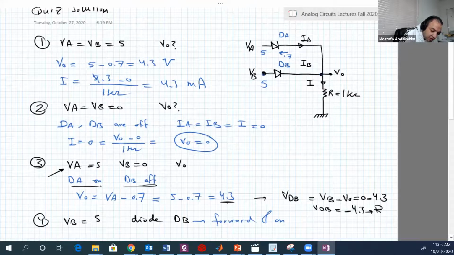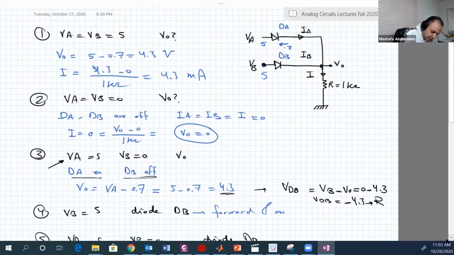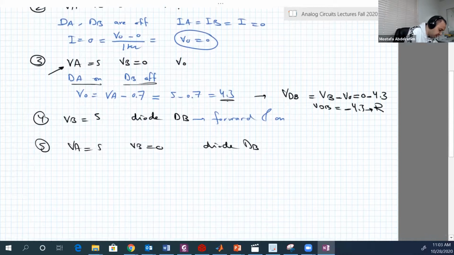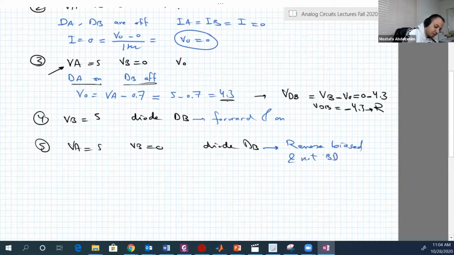That means the diode is reverse. So here the diode DB is reverse bias, and of course not breakdown, because its voltage is only minus 4.3. The breakdown voltage is minus 100, as I mentioned at the beginning of the question. Okay, so it's not breakdown as well.